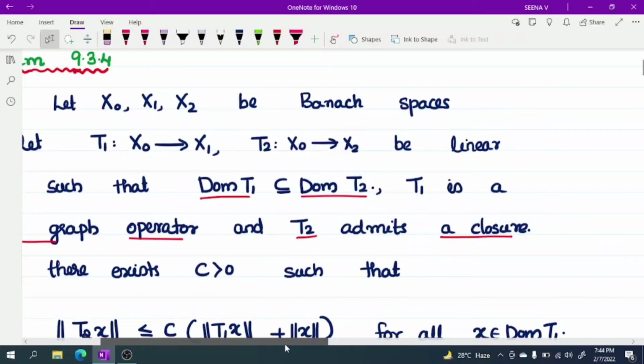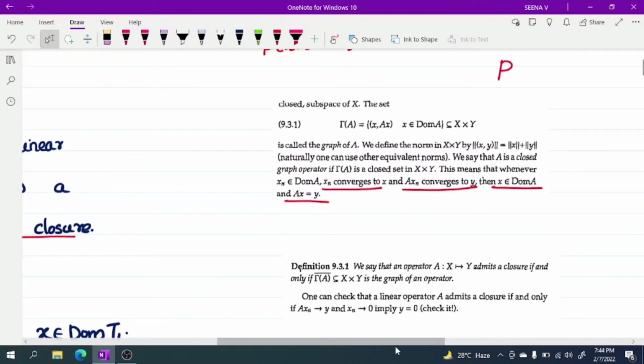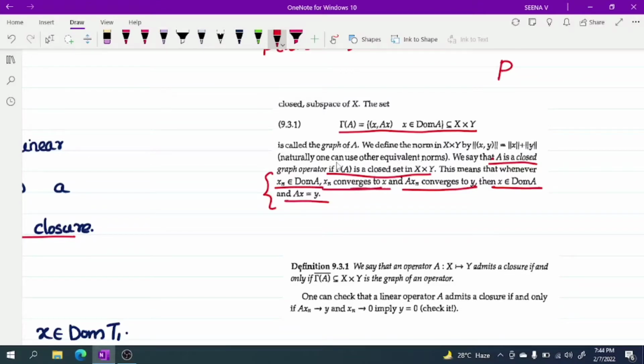Just recall what is meant by a closed graph operator. An operator A is called a closed graph operator if gamma A is a closed set in X cross Y. What is gamma A? Gamma A is the graph of A, that is, the set of all (x, Ax) such that x belongs to the domain of A. Another form: A is a closed graph operator implies that if xn belongs to the domain of A, xn converges to x, and Axn converges to y, then x belongs to the domain of A and Ax is equal to y.